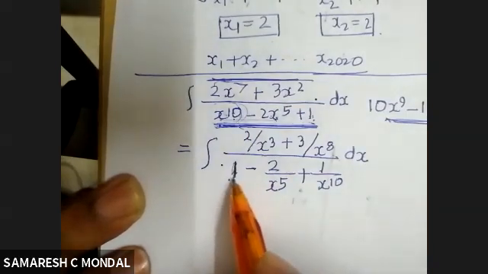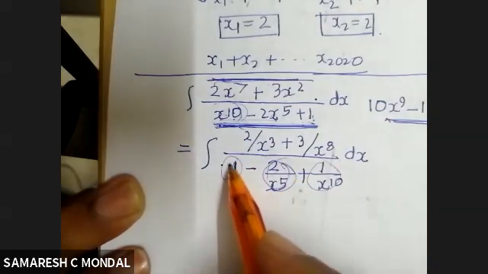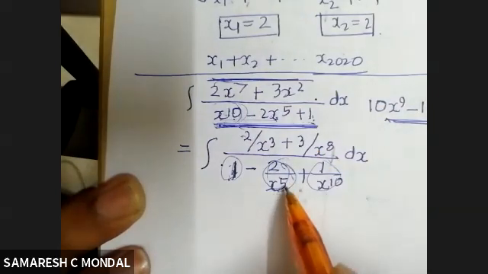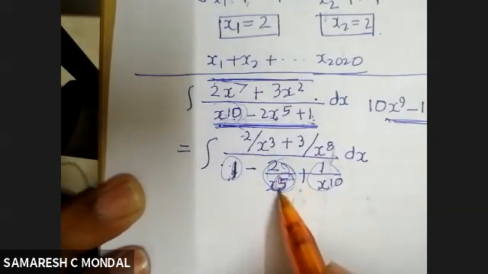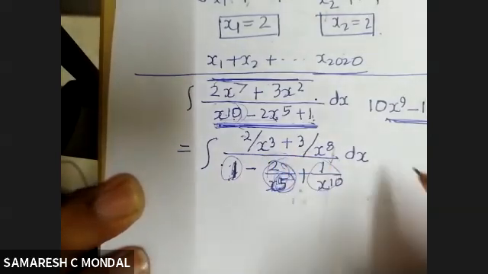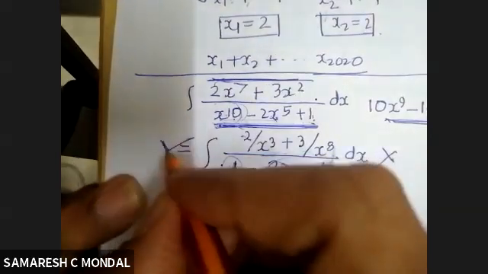So it came 1. Minus, 2 of them are variable. If I differentiate, this will become 0, eliminated, rest 2. But if I differentiate 1 by x to the power 5, it will come 1 by x to the power 6, which is not matching. So this is also ruled out. Any other way we can do?